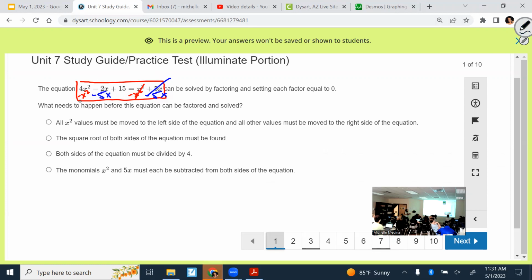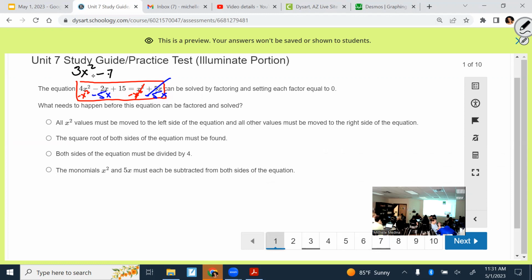So it's 4x squared minus x squared. 3x squared. So when you combine like terms, you only change the coefficient, not the variable part at all. What's negative 2x minus 5x?